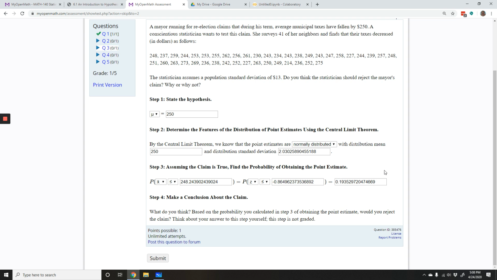Is 19% so unlikely that you think that our hypothesis here must be false? Or is 19% likely enough that we can't really conclude that this hypothesis is false, that it might very well be true? In this case, as I said, I think 19% is large enough that the hypothesis could very well be true. There's a strong likelihood of it.